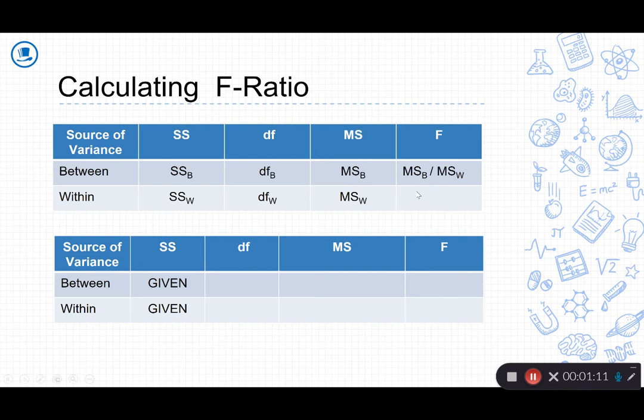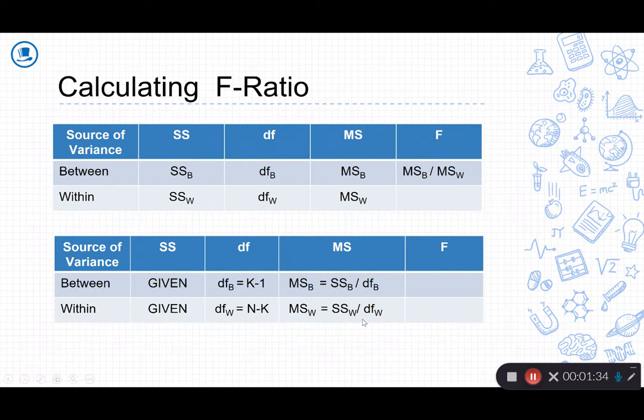From the situations, you'll be able to calculate the degrees of freedom as we've talked about already in the last show. And then once you have the sums of squares and the degrees of freedom, you can combine them to get the mean squares in each case. Take the sums of squares of each and divide by the degrees of freedom of each.